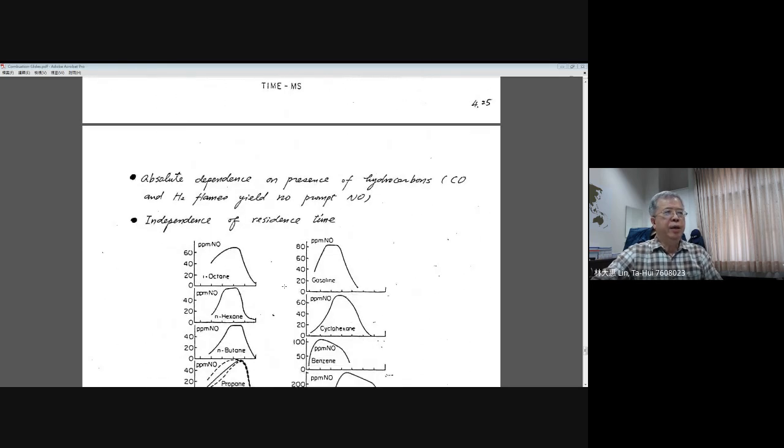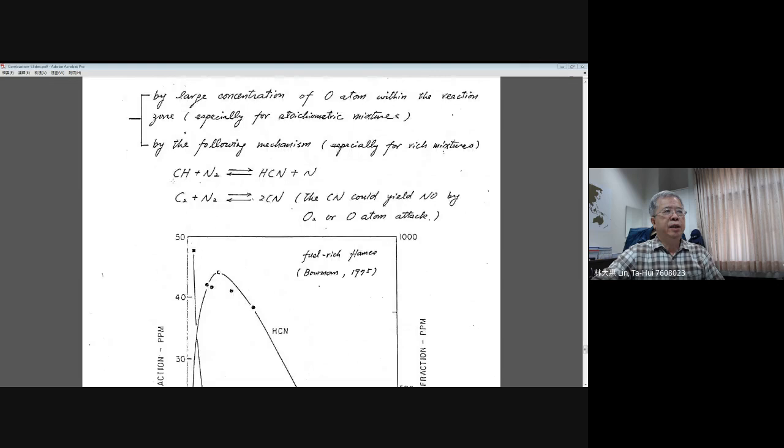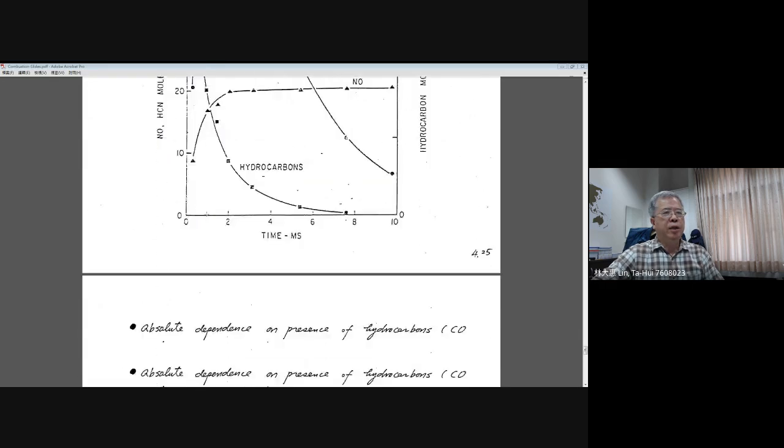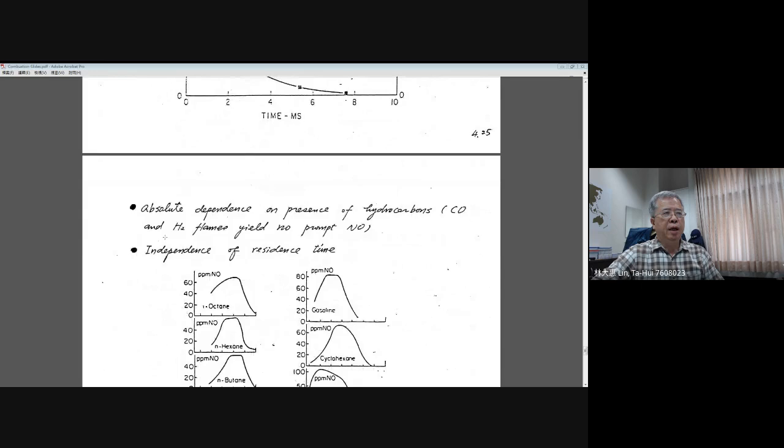and here they tell you the prompt NO formation absolutely depends on the presence of hydrocarbons, especially the CH and C2 radicals. When you look at the CH and C2 radicals, basically you will find there is no possibility to have prompt NO from the CO and H2 flames.